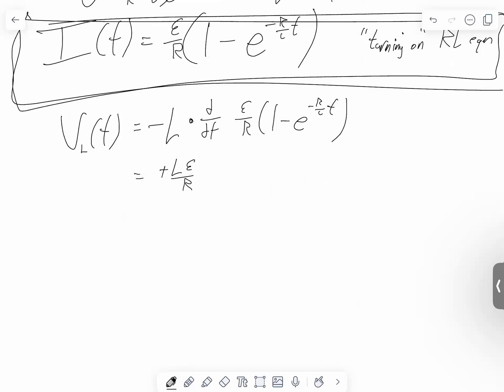Derivative of e... Okay, so there's a negative sign here, a negative sign here, and when I take the derivative, there's a negative sign here.